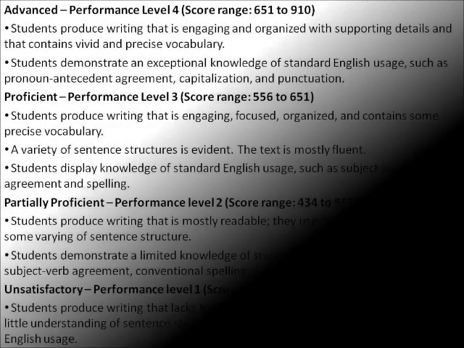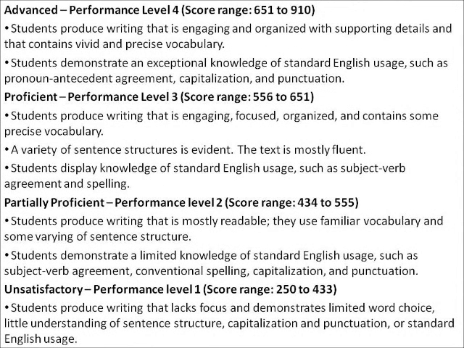If you flip your student score report over, you'll notice that there's an explanation of the performance level descriptions. You'll notice there's advanced, proficient, partially proficient, and unsatisfactory. And under each performance level, it explains what type of work they were expecting students to produce in order to achieve that performance level.